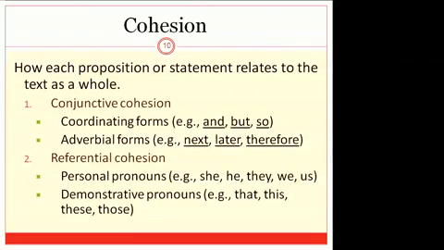Similarly, we can use demonstrative pronouns like that, this, these, those, to stand in place of more specific nouns that had already been introduced into the story earlier. Personal pronouns and demonstrative pronouns create referential cohesion within narratives.